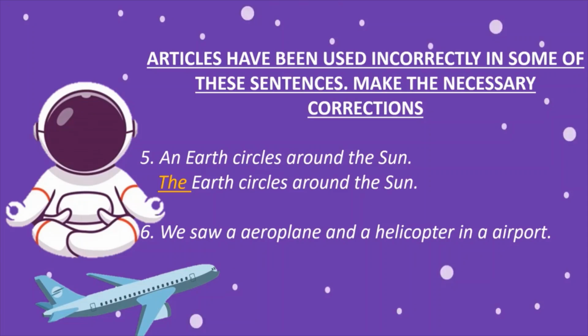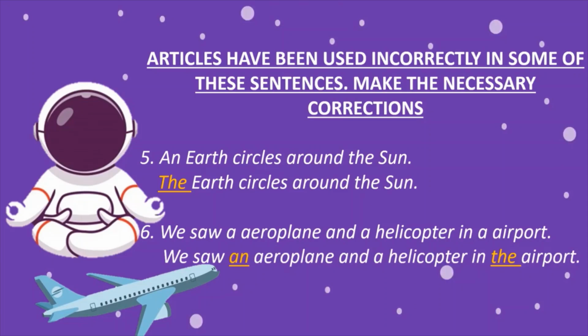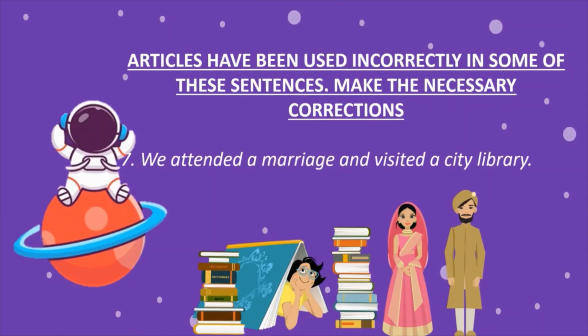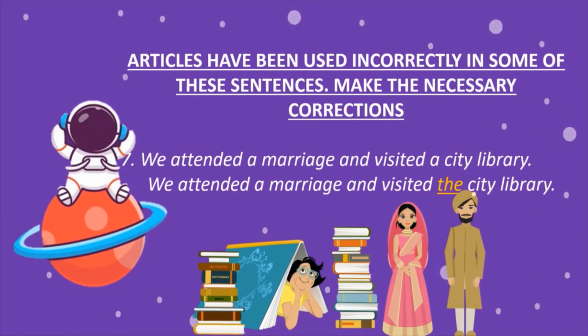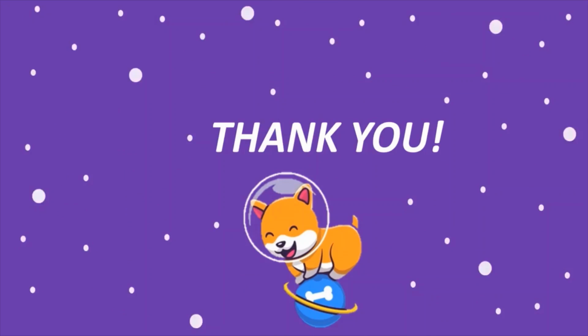So here we saw an aeroplane and a helicopter in the airport. We attended a marriage and visited a city library. So we attended a marriage and visited the city library, because we are talking about a specific library which is in the city. So this is all, children.